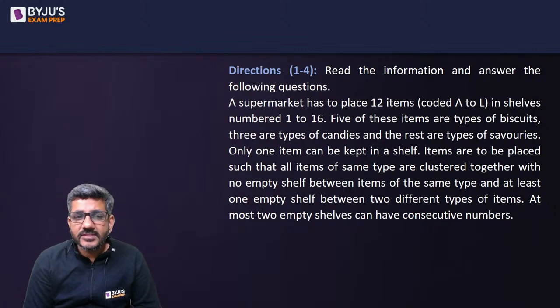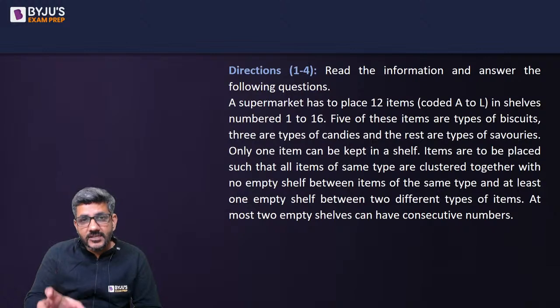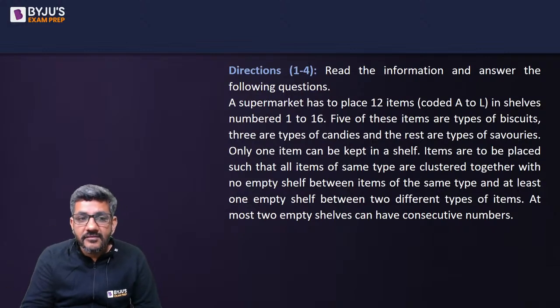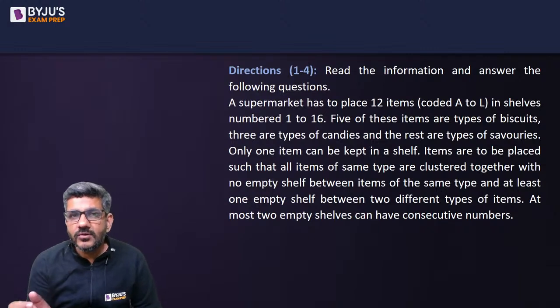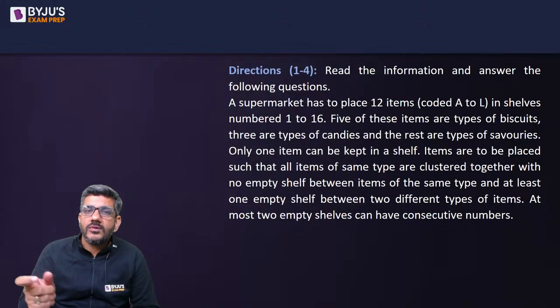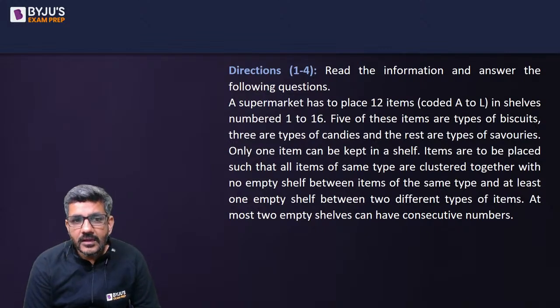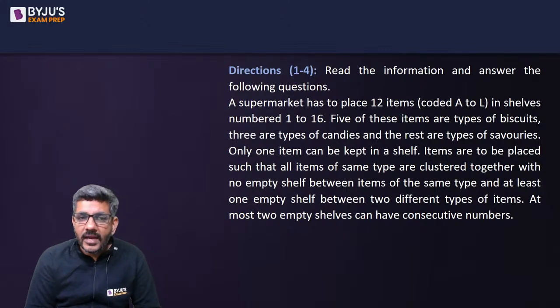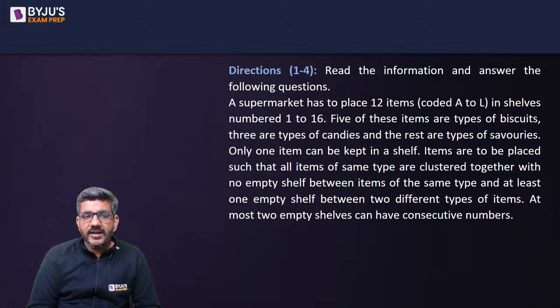Items are to be placed such that all items of the same type are clustered together. That means all 5 biscuits will come together in 5 shelves. All 3 candies will come together in 3 shelves. And all the 4 savories, they would come together in 4 shelves. No empty shelf is there between items of the same type. That's what we mean by clustered together. And at least one empty shelf between two different types of items.